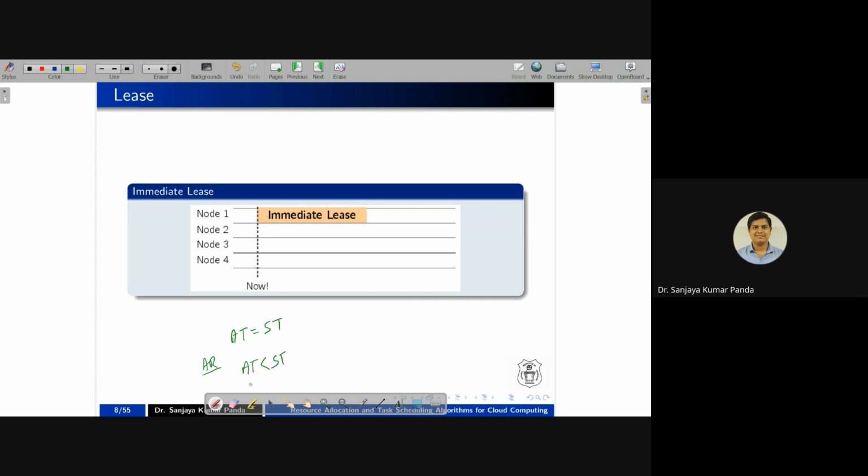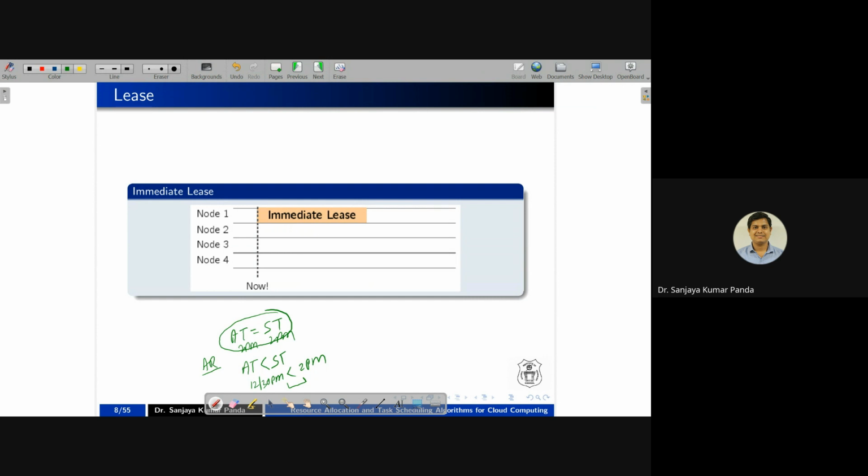For example, a lease has arrived at 12:30 p.m., but it is requesting to start at 2 p.m. Arrival time is less than start time, so you have some time, 12:30 to 2 p.m., to set up everything. But an immediate lease will not give you any time for taking any kind of setup. Suppose it arrives at 2 p.m. It will ask you to start at 2 p.m. only.